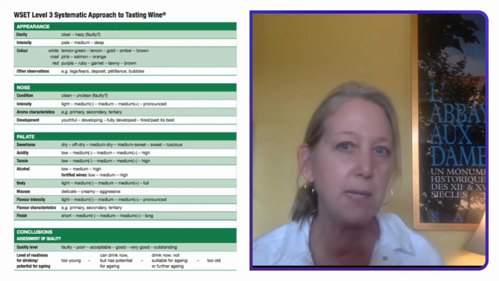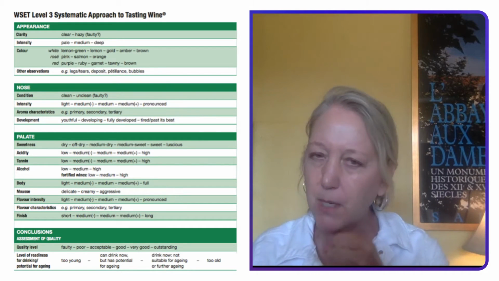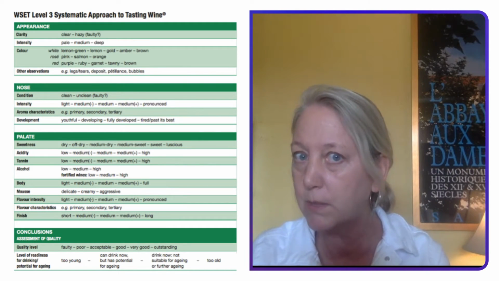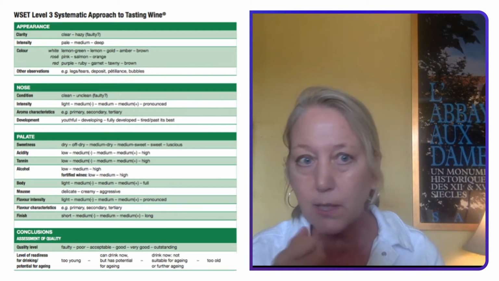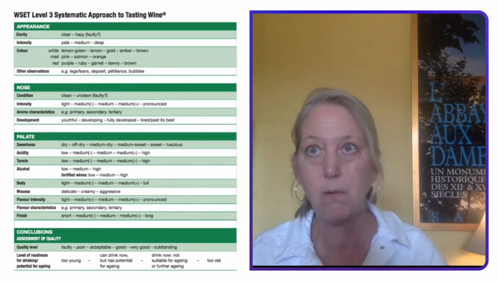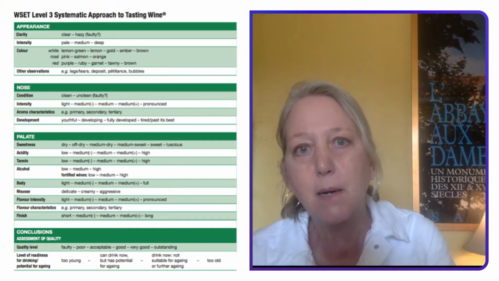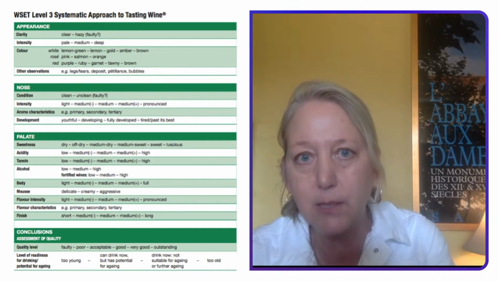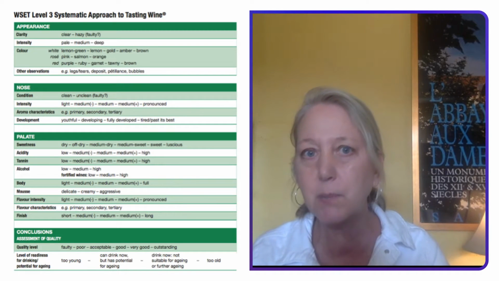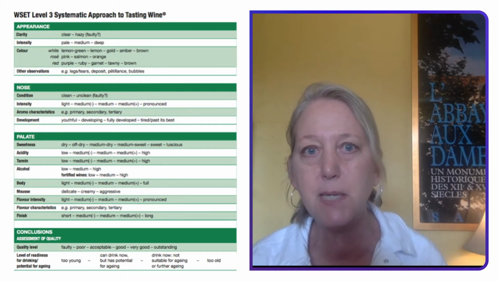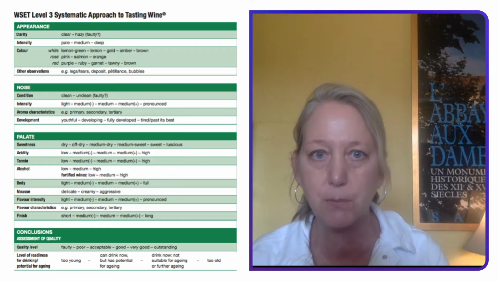Do I ding it down to medium minus because I'm not getting much and it's hard to draw out aromas? Or, once I swirl and smell, I go, oh, there you are, there's so much here. Then you would be bumping it up to medium plus. You wouldn't change your mind and call it pronounced. You were already in the medium camp and you're going to go to medium plus from there.